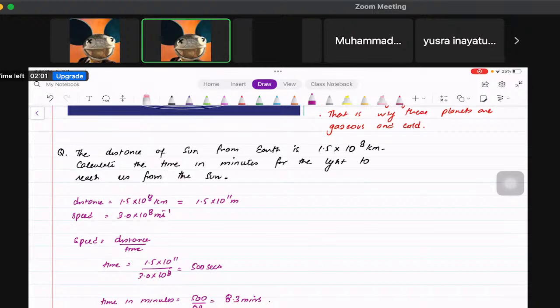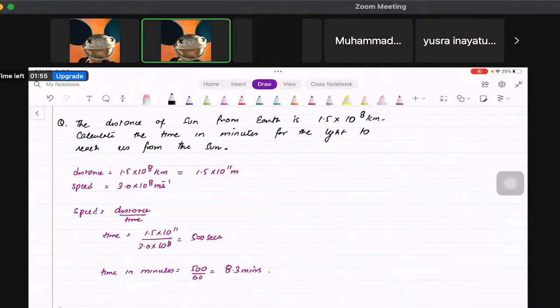Okay. Now, another question that I want to discuss with you. A table of data of planets in our solar system is provided. So these types of questions will come in your exam. Let me just put it up. Second, please.